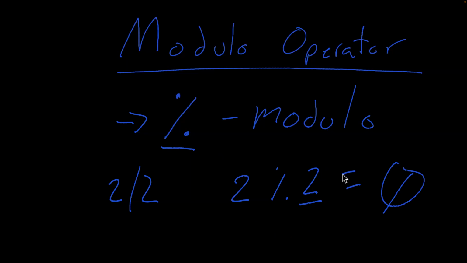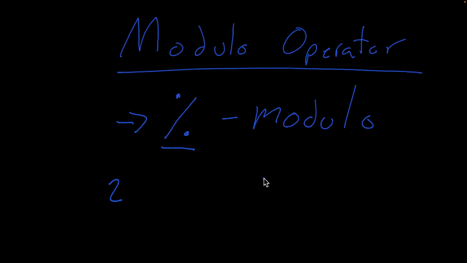Okay. Let's do another one. 3 divided by 2. So this 3 divided by 2 is what? 1, right? 2 goes into 3 once, with a remainder of 1.